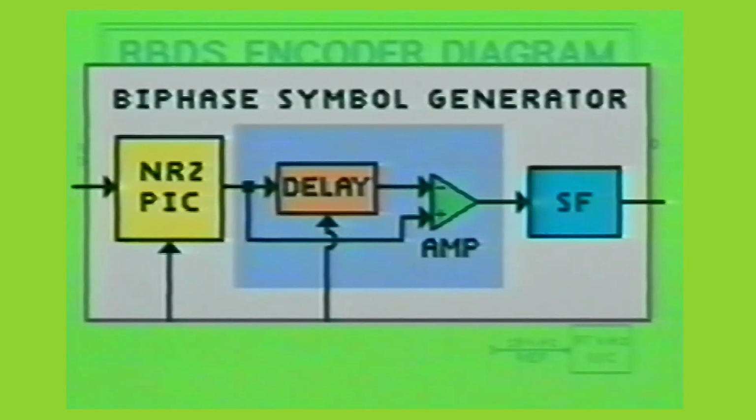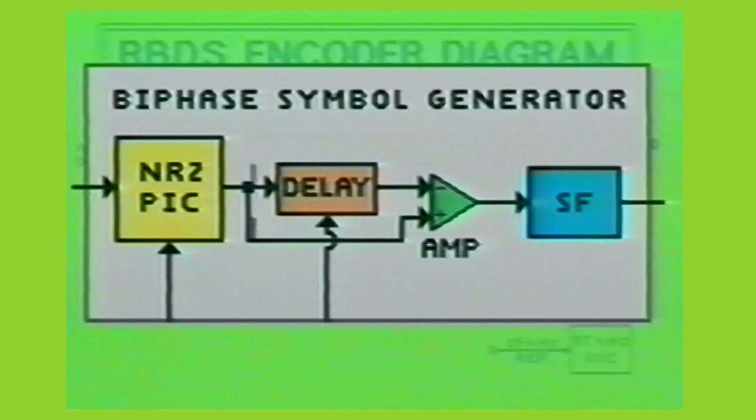The NRZ to polar impulse converter releases a positive or a negative going electrical impulse. This impulse travels directly to both the delay and the positive input of the amplifier. The amplifier will immediately reproduce an amplified impulse of the same polarity, while the delay holds its impulse.